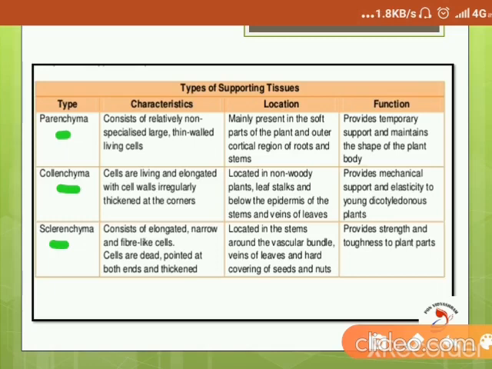They are present in the soft parts of the plant and in the cortical region of the roots and stems. If you cut the portion of the plant roots or stems, you can see that the middle part is full of parenchyma. Almost all the regions are covered with parenchymatous tissues.